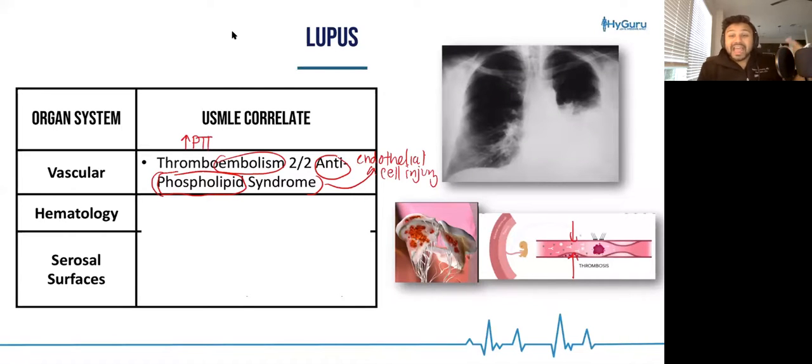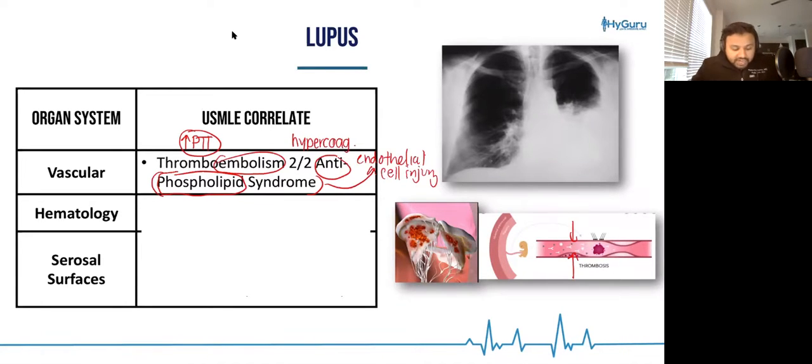Their PTT may be elevated, which may make you think there might be more bleeding. Actually, in antiphospholipid syndrome, this is paradoxical. The high PTT actually is going to correlate to a more hypercoagulable state when you're talking about antiphospholipid syndrome.